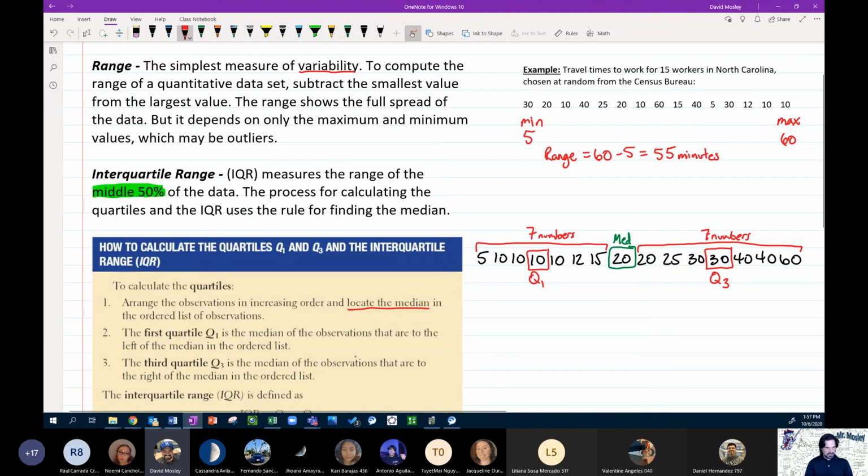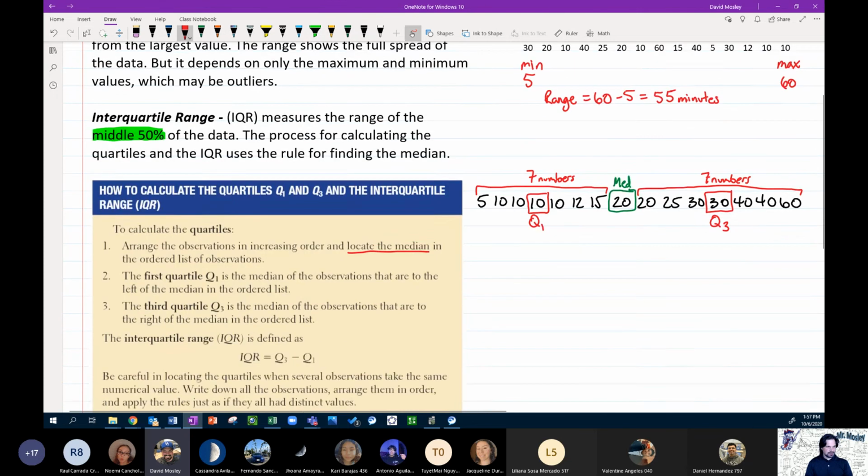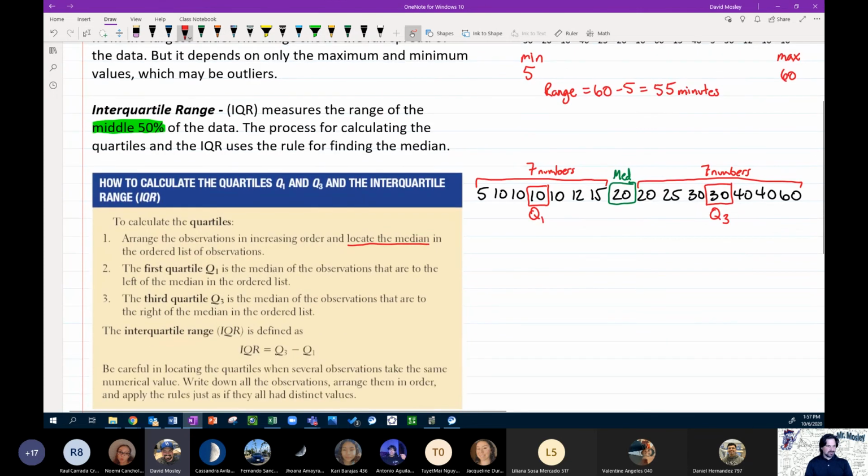Now, we want the interquartile range. We find that by subtracting Q1 from Q3. So Q3 minus Q1. In this case, that is 30 minus 10, or 20.